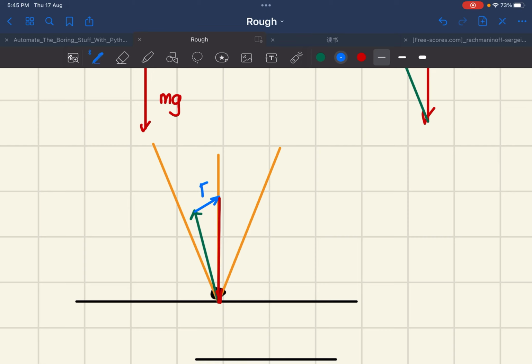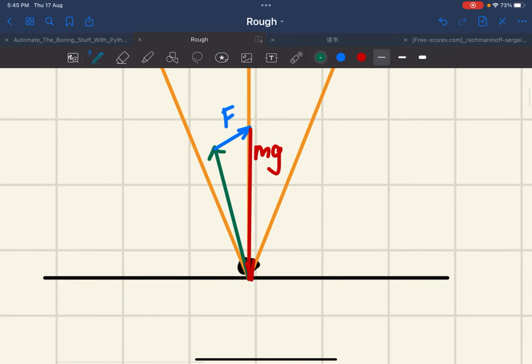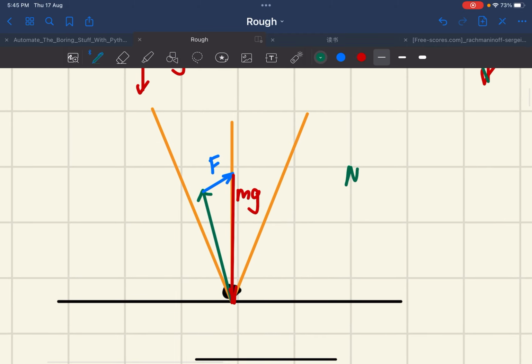We push with force F. There is always a gravitational force of mg, and this green vector, normal force plus friction force, is inside this region here.